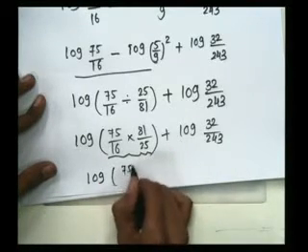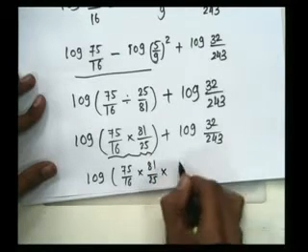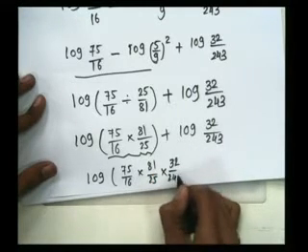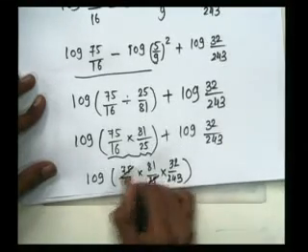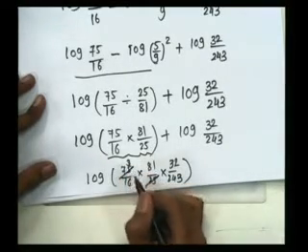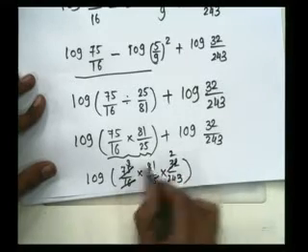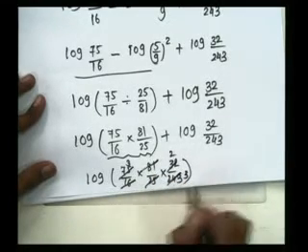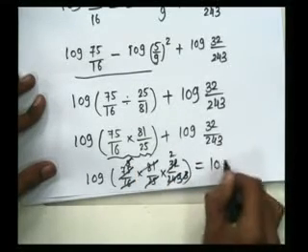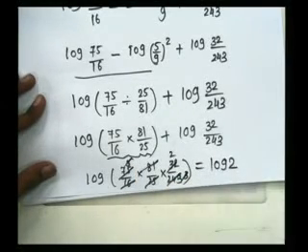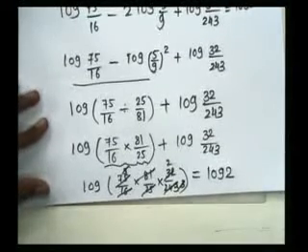So log of 75 by 16 into 81 by 25 into 32 by 243. We can simplify: 25 3s are 75, 16 2s are 32, 81 3s are 243. 3 cancels. So the answer we are getting is log 2. That is our RHS. The same example we will discuss on presentation.